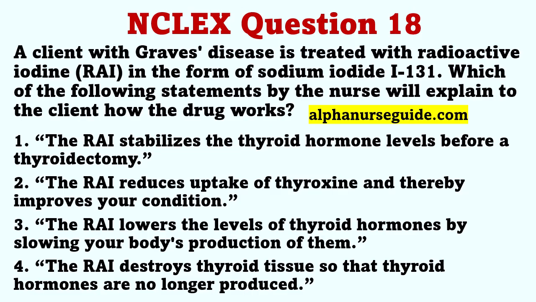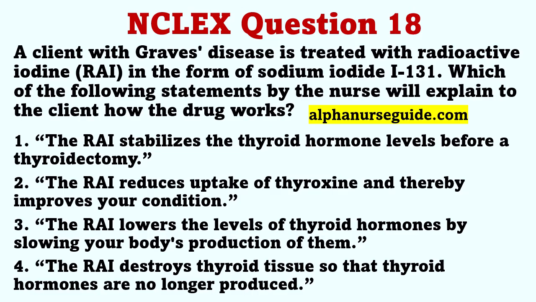The RAI lowers the levels of thyroid hormones by slowing your body's production of them. 4. The RAI destroys thyroid tissue so that thyroid hormones are no longer produced. The correct answer is 4. The RAI destroys thyroid tissue so that thyroid hormones are no longer produced.